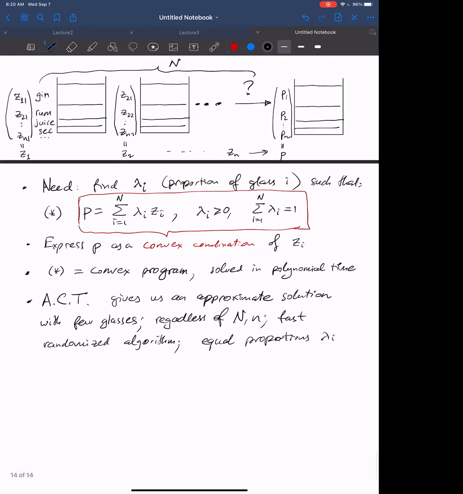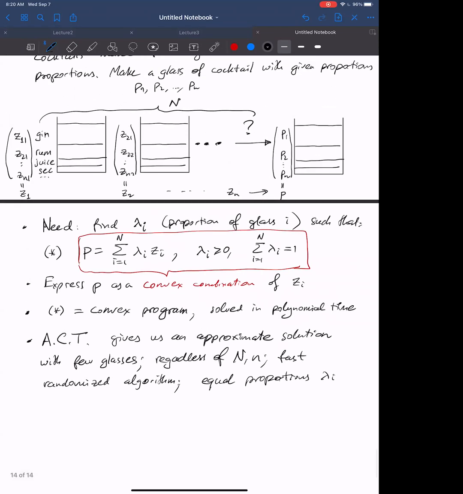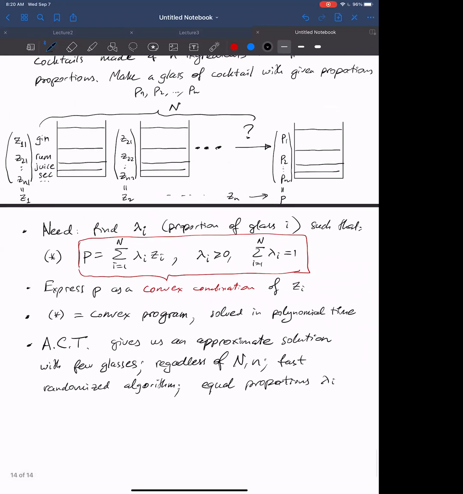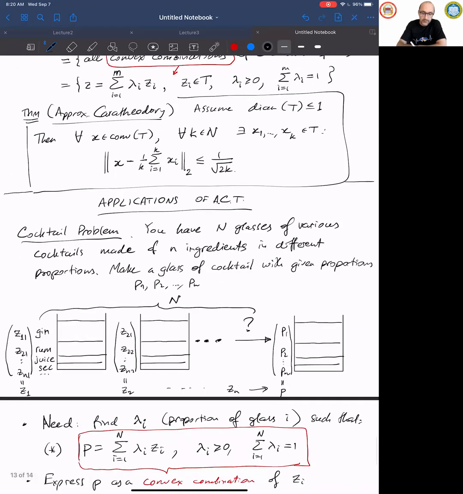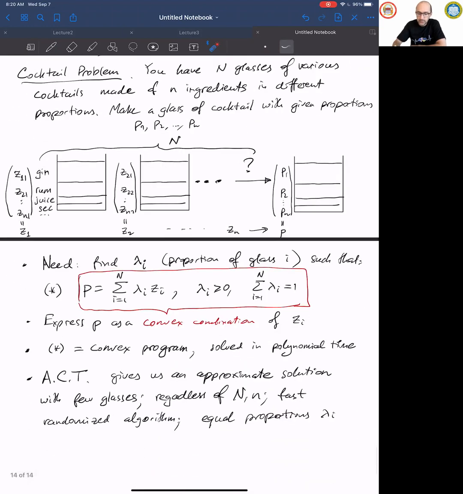But here also, there is no guarantee that P is in the convex hull. Right, that's a great question. For the Approximate Carathéodory Theorem to hold, we need to start with something in the convex hull. So before we solve this problem, we have to make sure that our desired cocktail is in the convex hull of the existing ones.